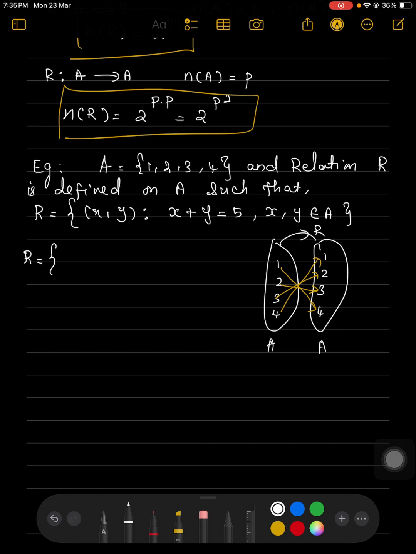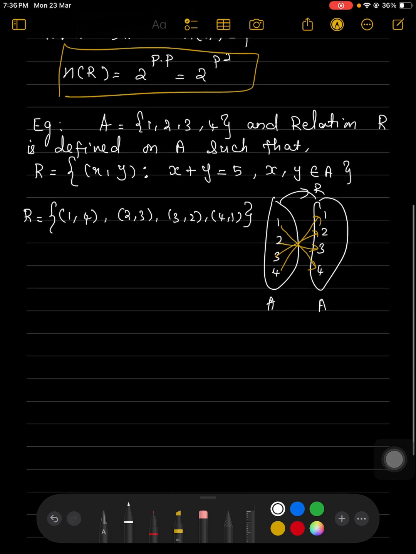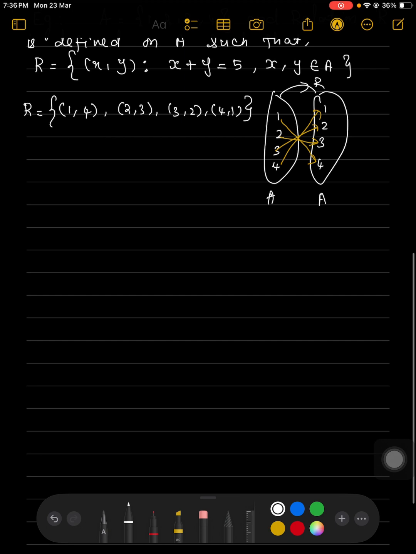You can write the ordered pairs in any way. We have totally 4 pairs. 1 with 4, 2 with 3, 3 with 2, 4 with 1. So this is the relation. This is all about recall from class 11. Hope you are now clear about relation.